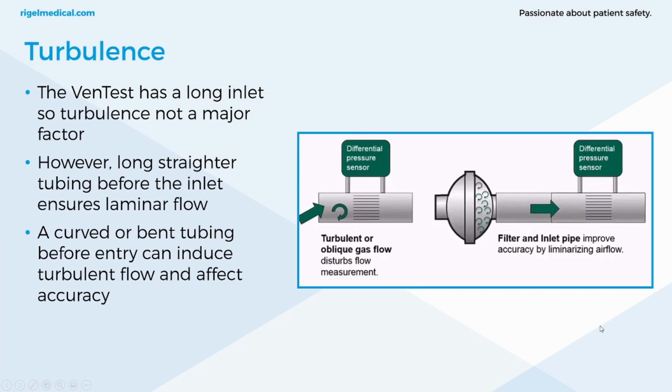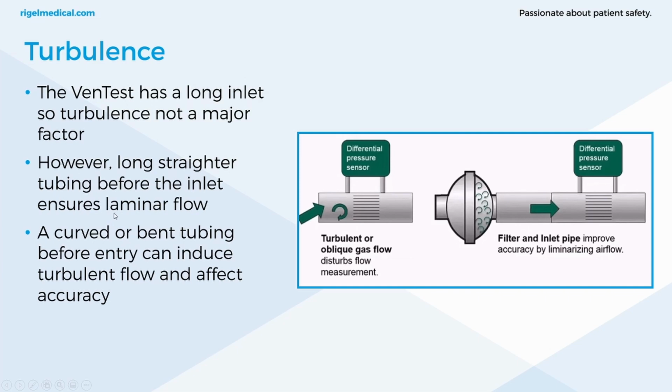Okay, so this relates to some of the best practices. Now with the vent test, it has a long inlet, so turbulence is not a major factor. It's still recommended that the inlet is not curved or bent before entry, so tubing should be straight before being connected to the inlet of the vent test, as this can induce turbulent flow and it can affect the accuracy.